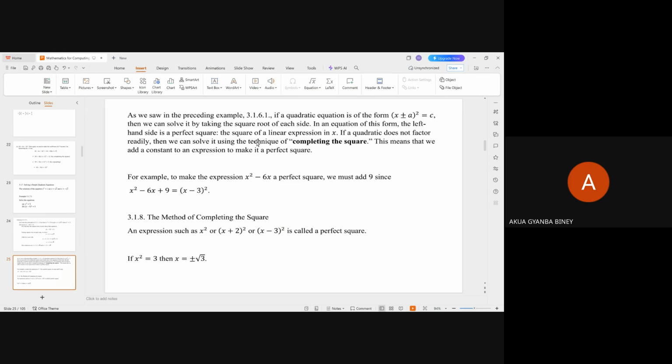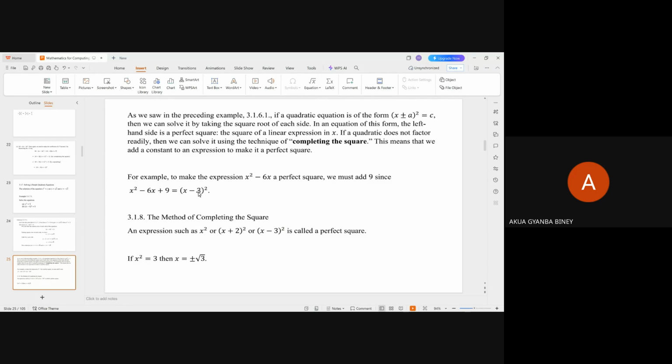The square of a linear expression in x. If a quadratic does not factor readily, then we can solve it using the technique of completing the square. This means that we add a constant to the expression to make it a perfect square. For example, to make this expression a perfect square, we must add 9, since this will result into this.